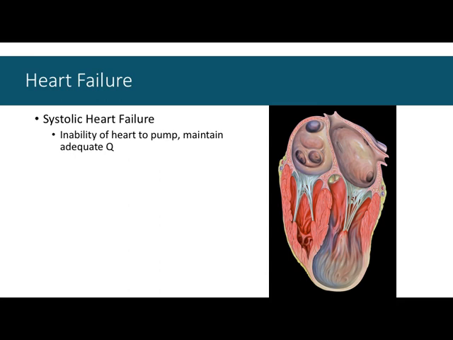The output of the heart in liters of blood per minute is lower than it should be, both at rest and during exercise, continually lower than it should be. This is specifically an inability of the heart to pump the blood that it has available. And this differs from diastolic heart failure, which is an inability of the heart to load enough blood to pump.